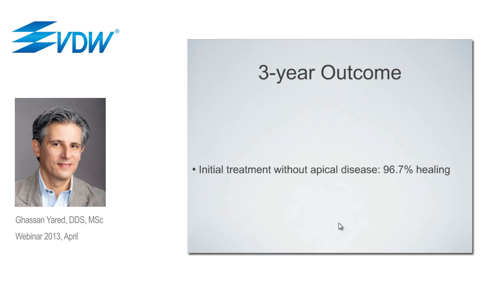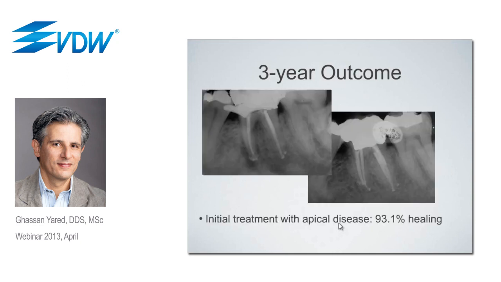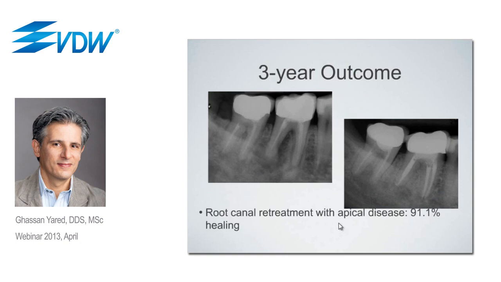For the initial treatments without apical disease, the healing success rate was around 96%. For initial treatments with apical disease, the healing rate was 93%, which is also comparable to what we find in the published studies. And more interestingly, the healing rate of root canal retreatments with apical disease was 91%.